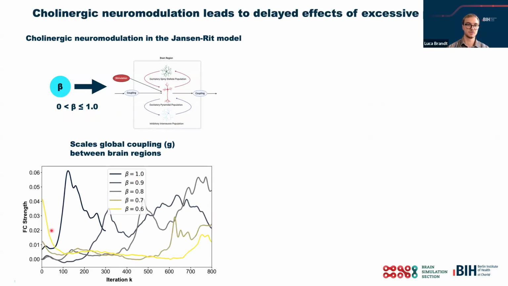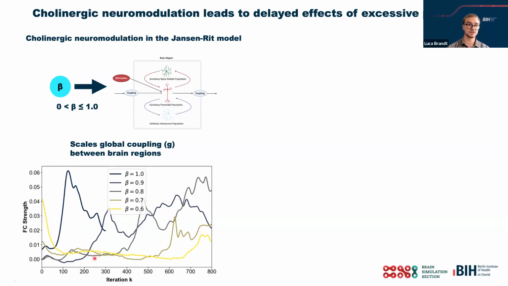The 1 again is the plasticity trajectory without modulation. So you see this increase in functional connectivity strength followed by the saturation.